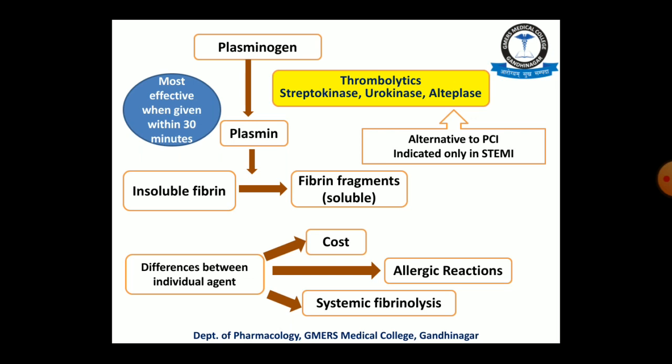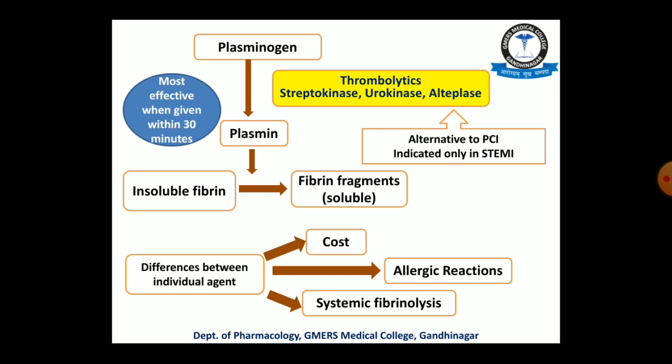Third, there are certain definite contraindications that we will see in the next slide, which are not there in case of percutaneous coronary intervention, and thrombolytics are effective on freshly formed thrombi. So as the time passes, their efficacy reduces. And lastly, thrombolytics are effective only, as I told, in ST segment elevated myocardial infarction, while you can use percutaneous coronary intervention along with stent placement in any type of acute coronary syndrome.